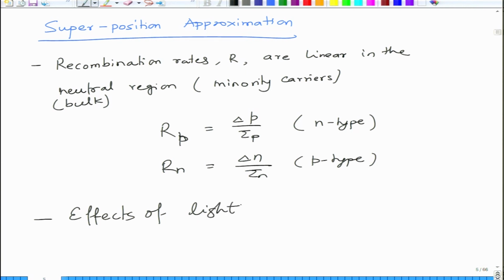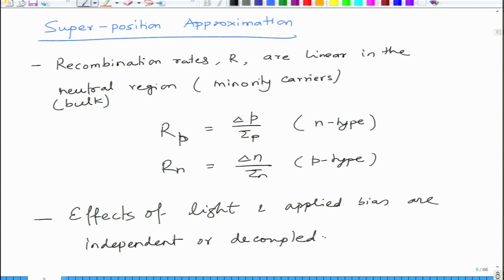Light can change the carrier concentration, and as a result it can change the diffusion gradient, whereas bias can raise or lower the barrier at the interface. So the effects of light and applied bias, that is external field, are independent, or decoupled to be more precise.